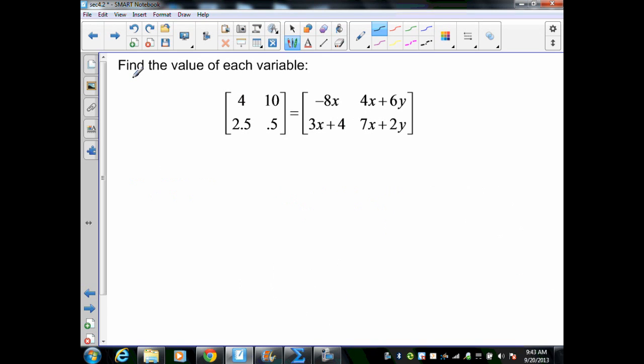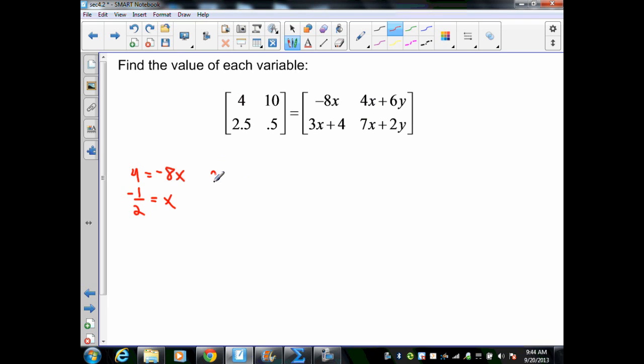Again, I want to find the value of each variable. So I need to match up corresponding elements in each matrix and then solve the expression. Let's start with 4 and a -8. And when I solve for x with the -8 coefficient, I'm going to get x equals a -1/2. I'm going to start with the bottom corresponding elements to verify that the x's are the same. They need to be the same since I'm going to need the value of x in these two expressions.